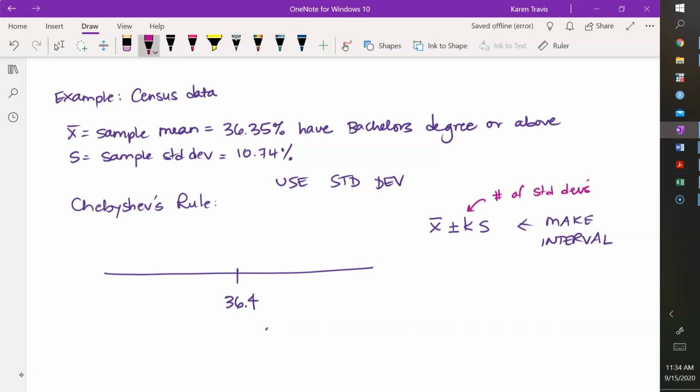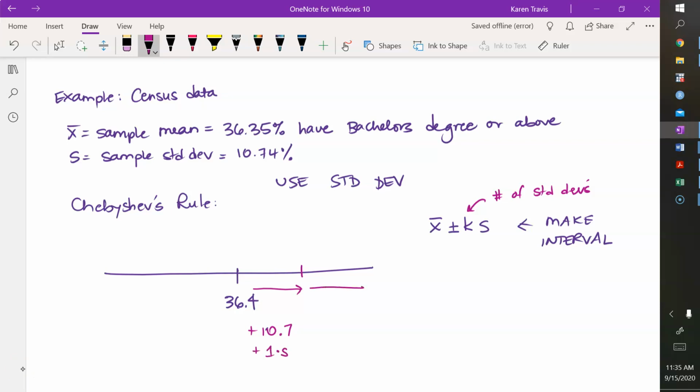So I'm going to go this far and add one standard deviation to 36.4. So if I added one standard deviation to 36.4, I would be adding 10.7. I'm rounding to make it simpler. So if I add 10.7 to 36.4, I'm going to get 47.1. So this would be plus 1 times s.